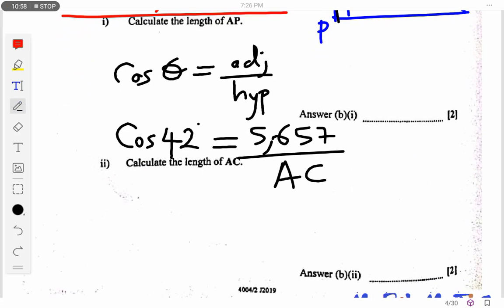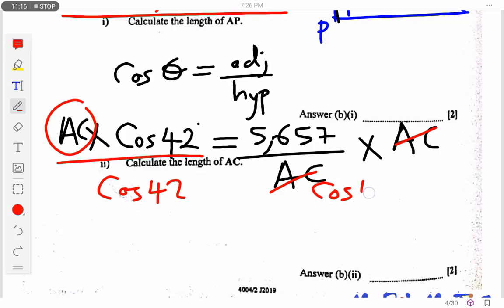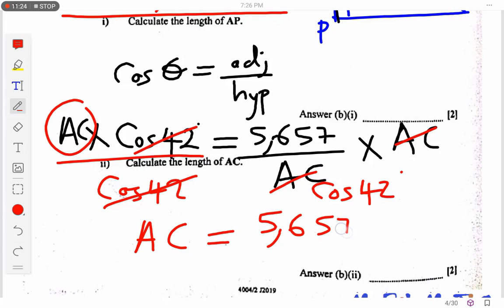Now to get that side, we can multiply both sides by AC. Then this side, they are going to cancel off each other. And we divide by cos 42 so that we remain with AC that side. So I'm going to divide by cos 42 degrees both sides. This side they cancel, so we now have AC is equal to 5.657 divided by cos 42 degrees.